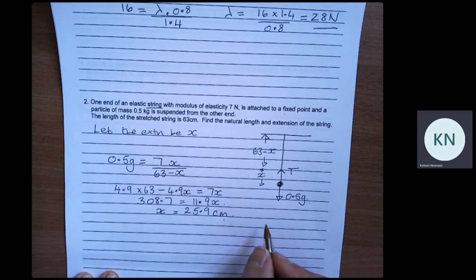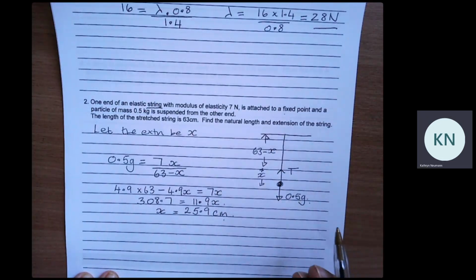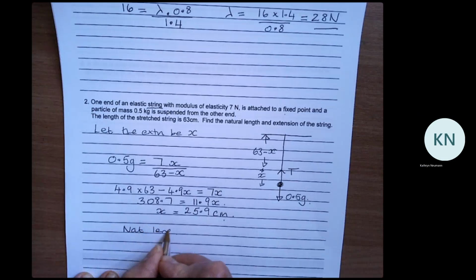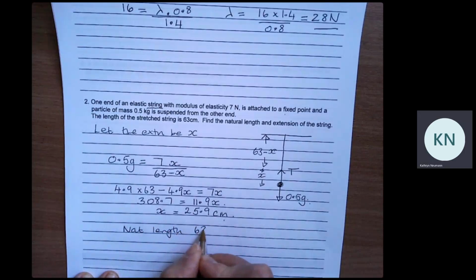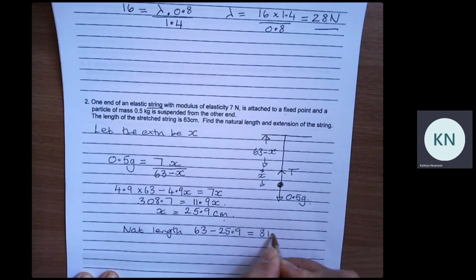The question asked for the extension and the natural length of the string, so we need to make sure we answer that as well. The natural length is going to be 63 minus 25.9, which is equal to 37.1 centimetres.